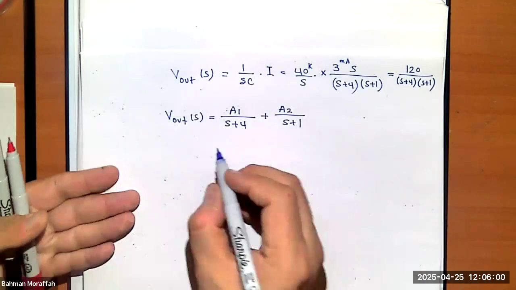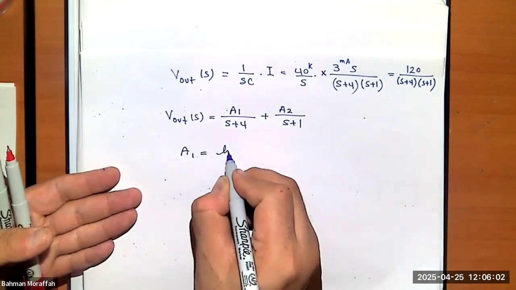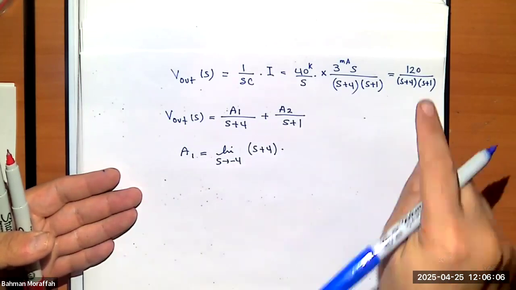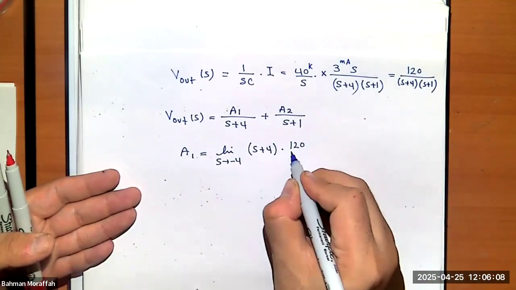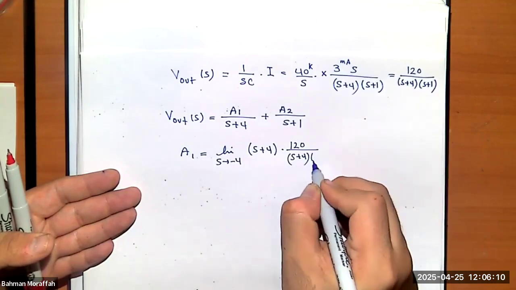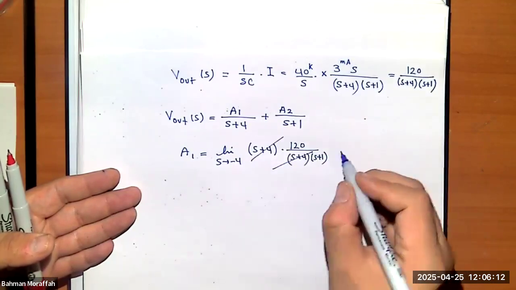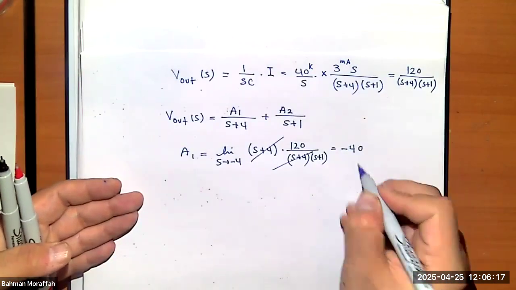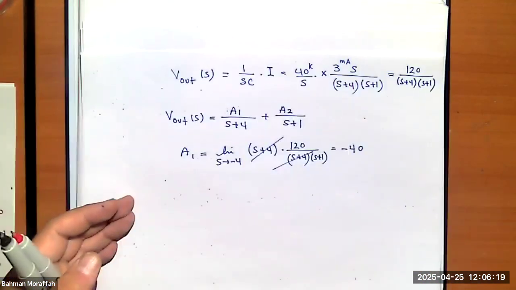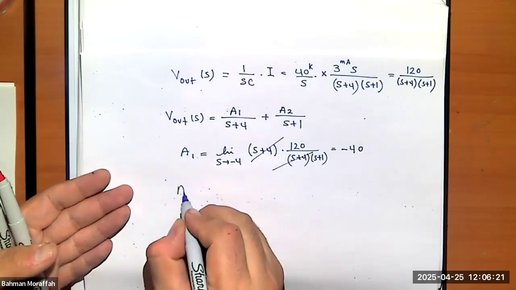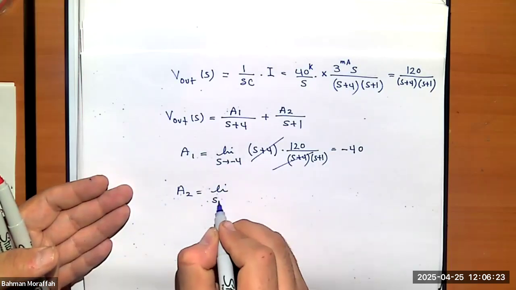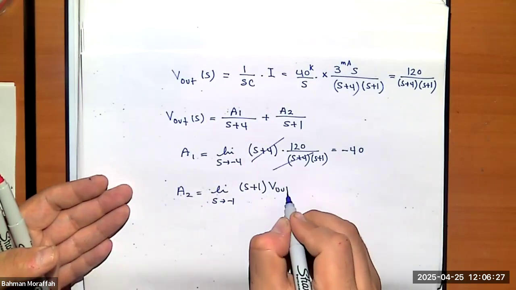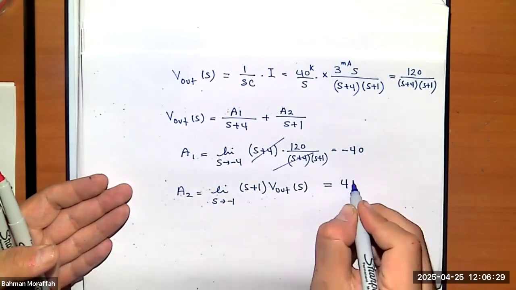I know A1 is the limit as S goes to negative 4 of S plus 4 times the V out, which is 120 divided by S plus 4 times S plus 1. This and this cancel. This becomes minus 40. I can compute A2, which is the limit as S goes to minus 1 of S plus 1 times V out of S. If you compute it, that is 40.